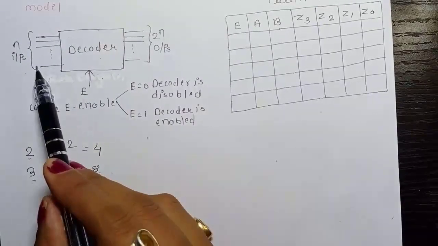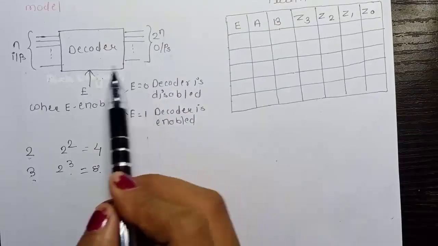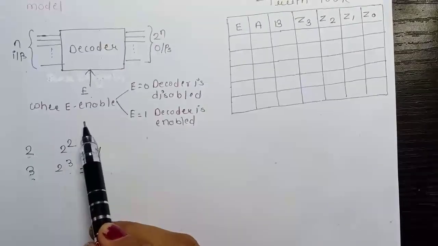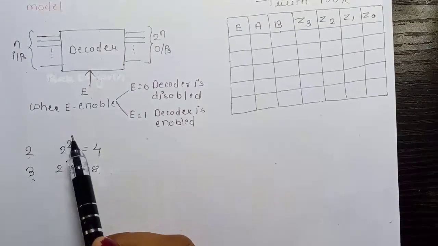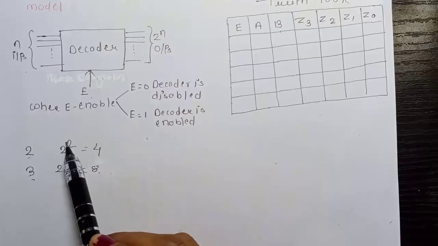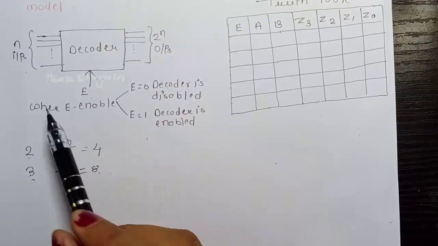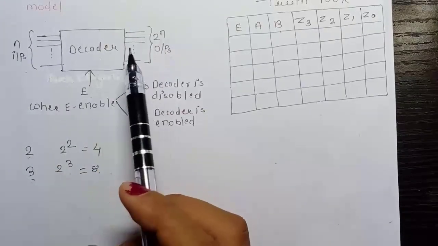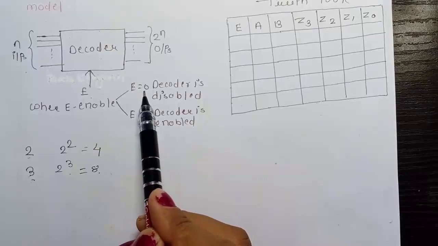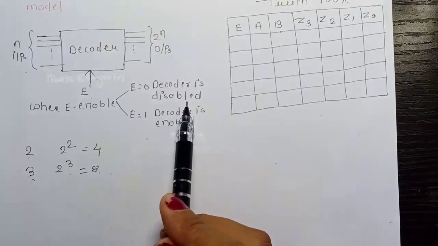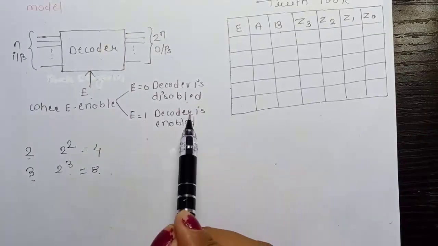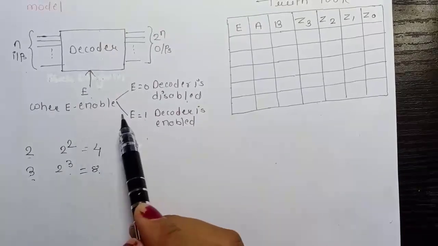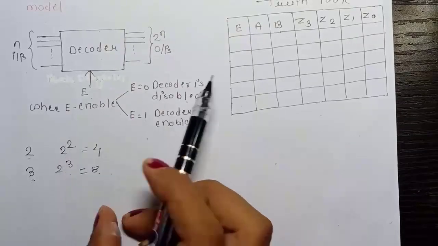Okay, n number of inputs and 2 raised to the power n outputs with an enable line. So this enable line keeps the decoder in on condition when it is equal to 1. When enable is equals to 0, even if you are providing inputs here, decoder is going to provide 0 output. So when E equals to 0, decoder is disabled, and when E is equals to 1, decoder is enabled.